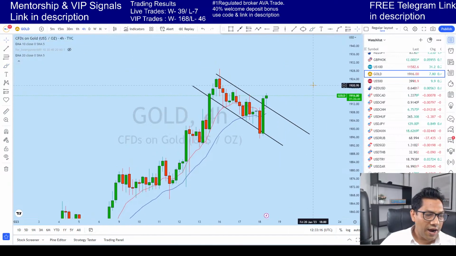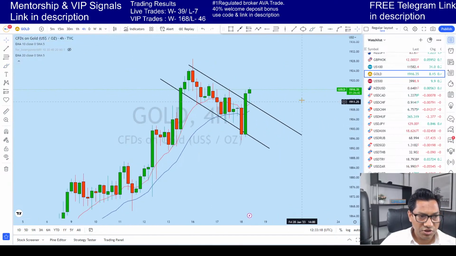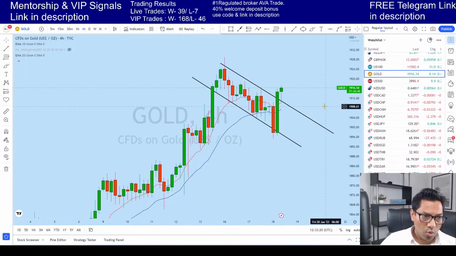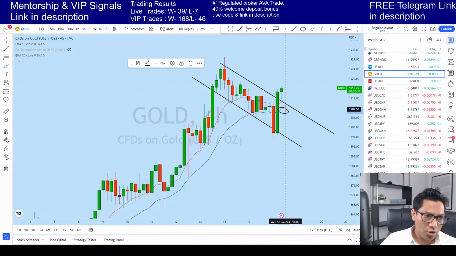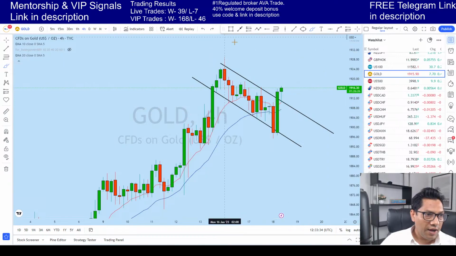Now, as news is coming just after an hour, what I think is that we could see gold drop a little bit during the news. That could be a very good opportunity to buy. As you can see, there is a 20 period moving average, and the price has not tested the 20 EMA yet.